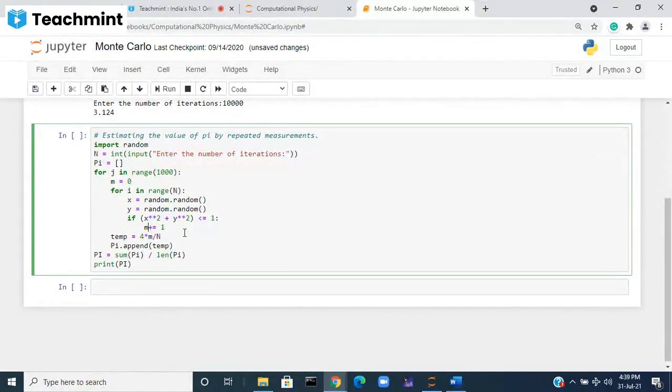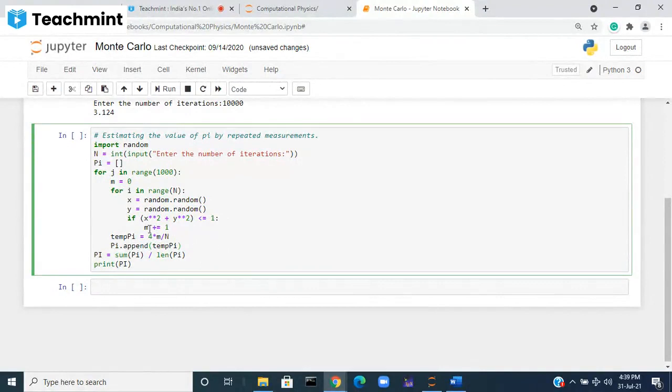If so, we increase the value of m by 1. Then after that, let us call this temp pi.